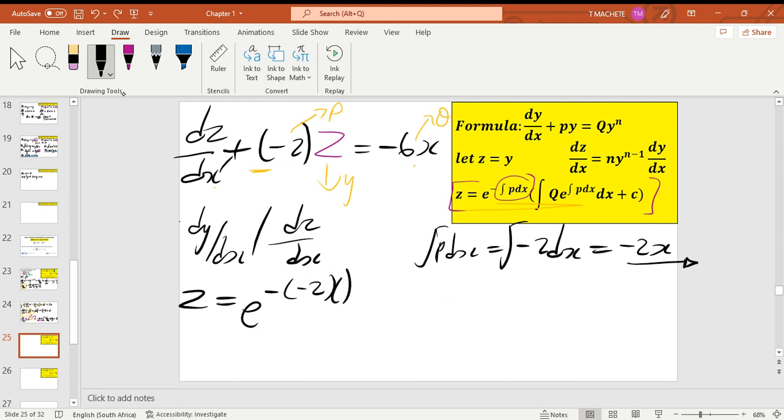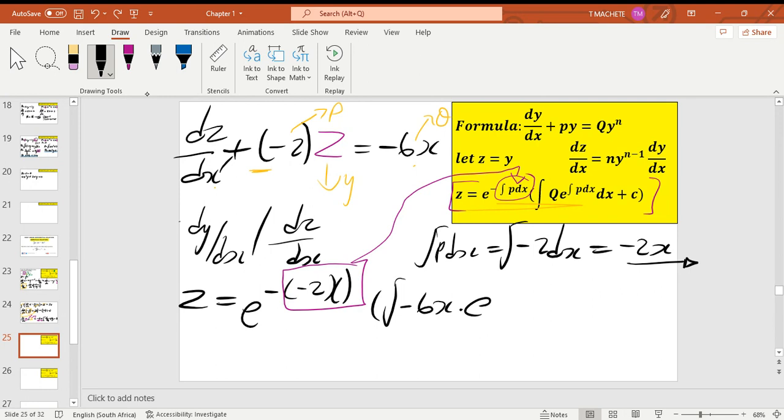So here you can put 2x. This one right here comes here, it's that integral of p dx. And then we're going to say open bracket, integration of q. Our q is minus 6x. And then multiply by e to the power integration of p dx.